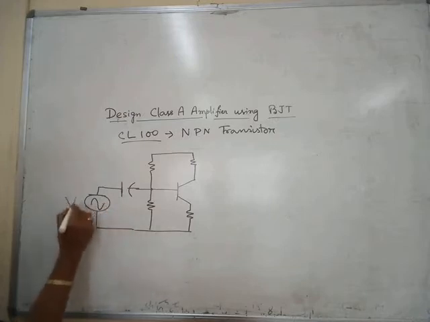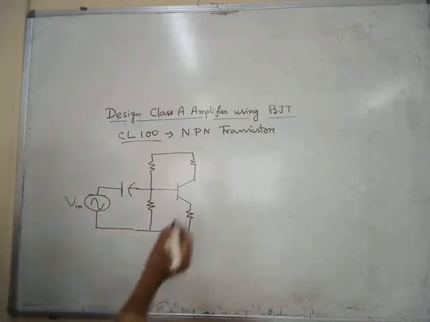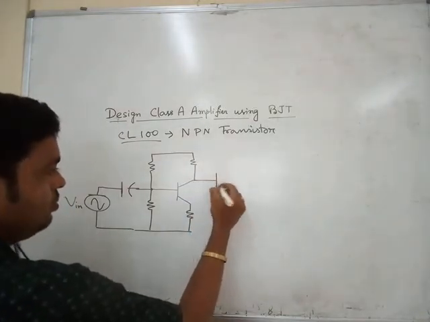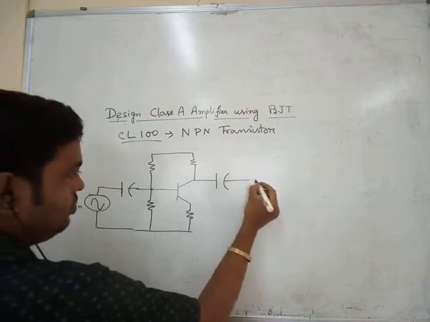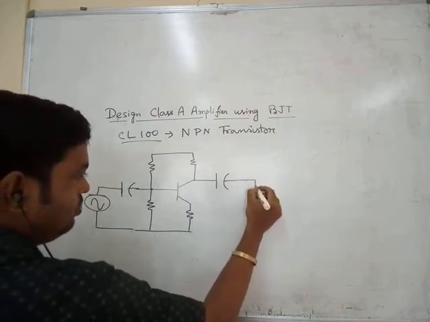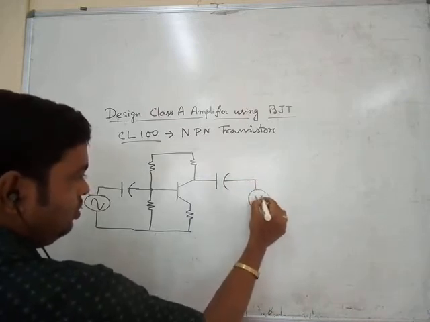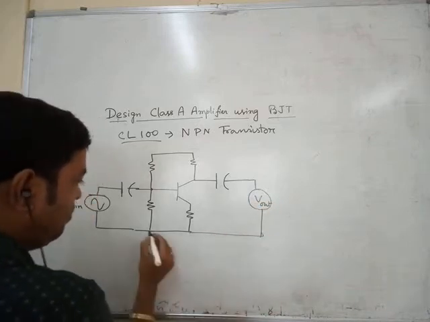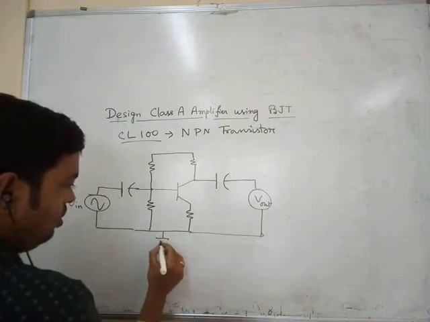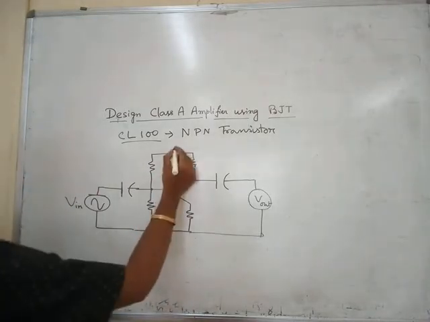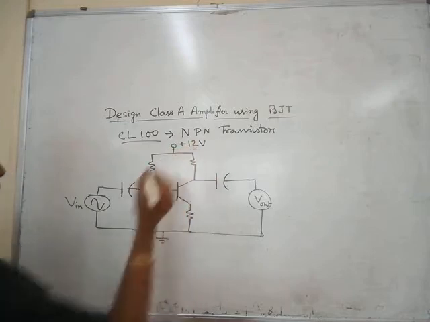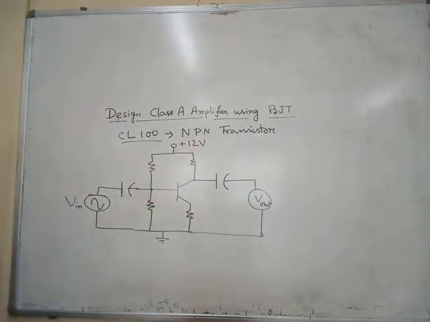This is V in. V out. Ground. Plus 12 volt. This is the input. So it is the circuit of a class A amplifier.